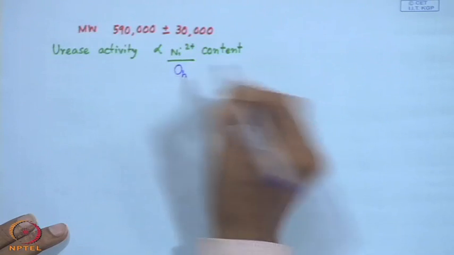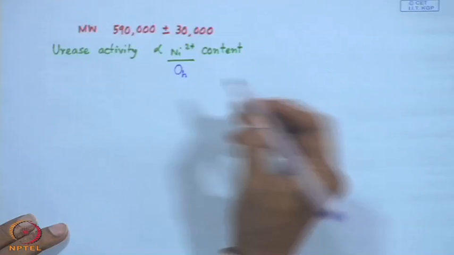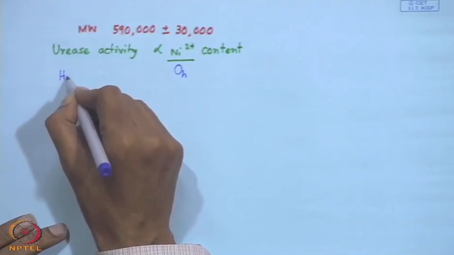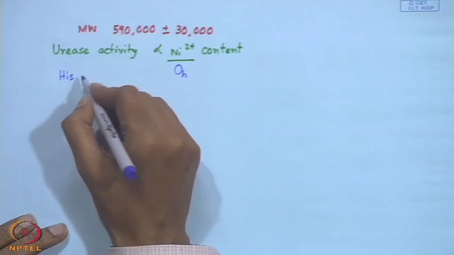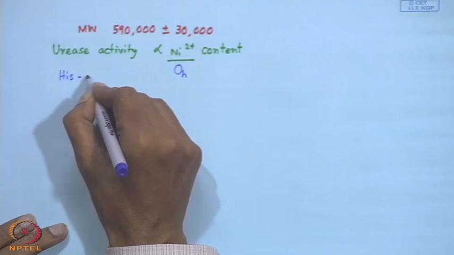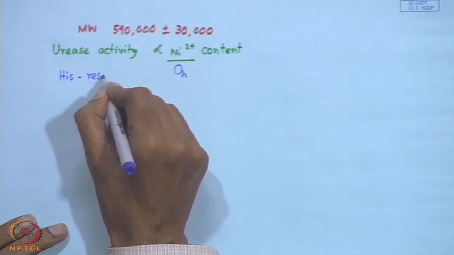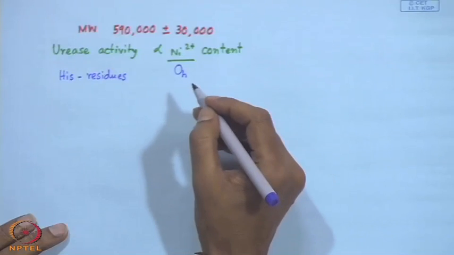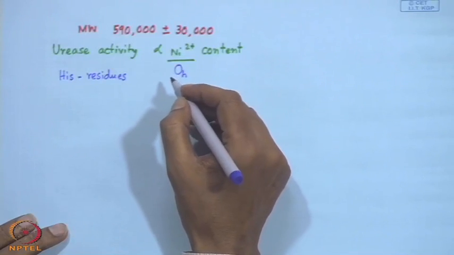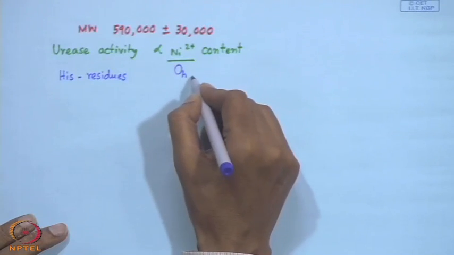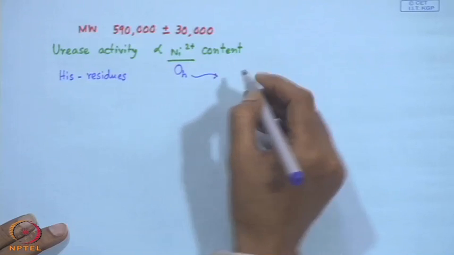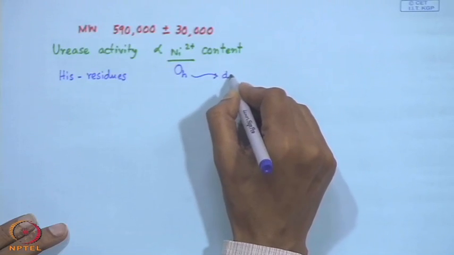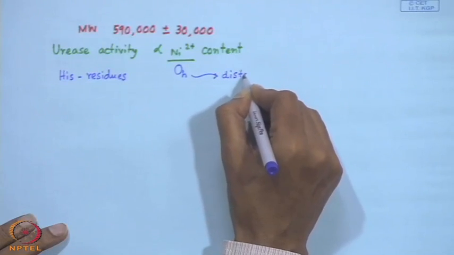environments. So, nickel environments are octahedral, and slowly people have identified that you have so many histidine residues, and those histidine residues are attached to the nickel center, giving an octahedral geometry which is highly distorted.